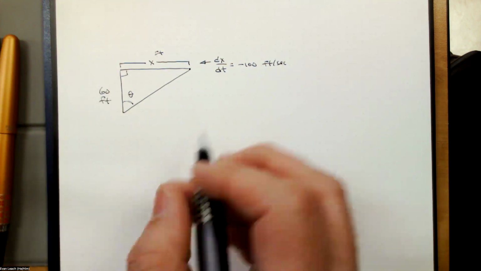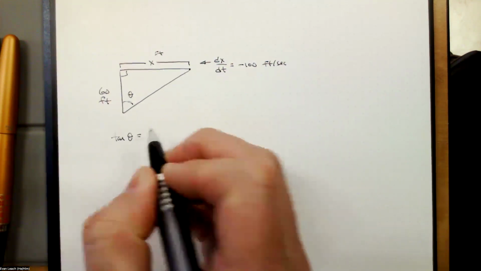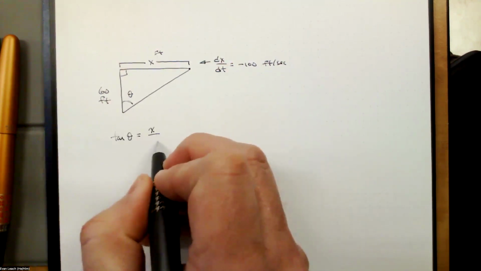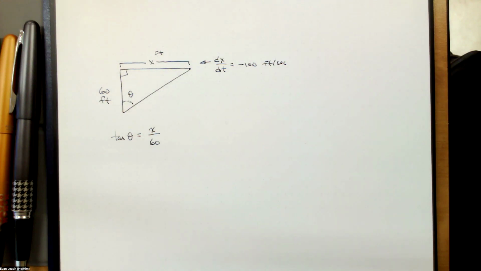So I could set up my relationship as tangent of theta is opposite over adjacent. This doesn't have any units because x is in feet and 60 is in feet. So tangent of theta is just a ratio.